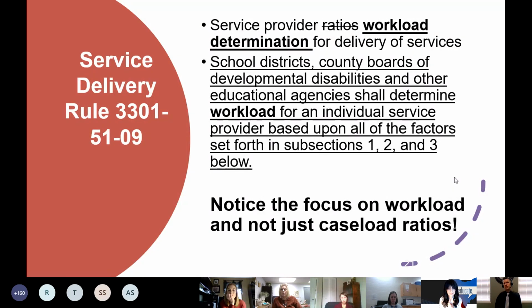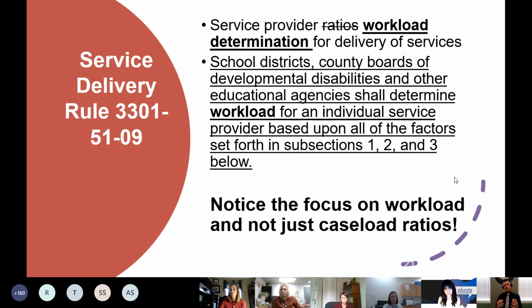And in thinking about this, it isn't something that's just for a school district. It's not something that's just for a Board of Developmental Disabilities. It is for all educational agencies, which should be determining workload for each of the service providers that work for them based on various factors. And the factors are 1, 2, and 3 that we'll get to here in a second.